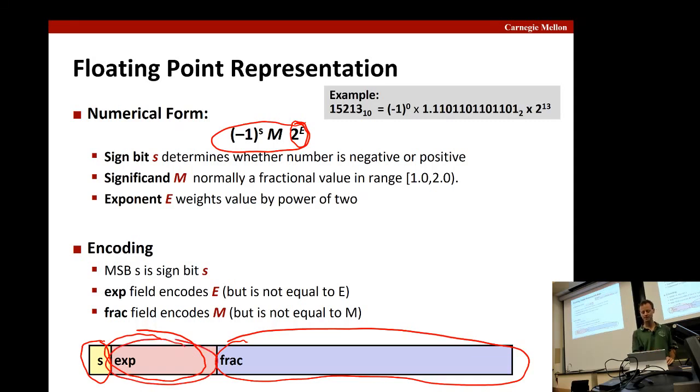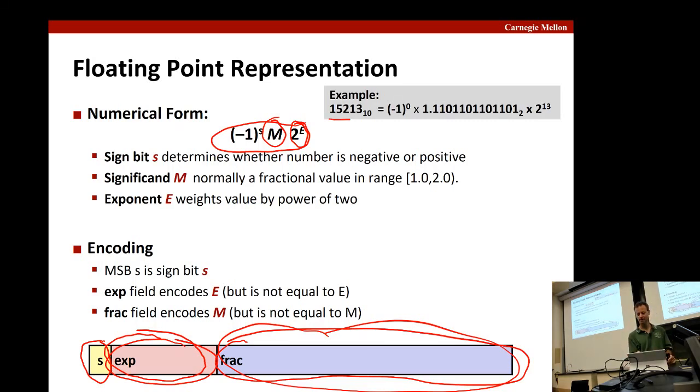Instead it's just some encoding of the exponent, and then there's a way of translating from these bits to what the intended exponent is, and then you can manipulate them accordingly. Similarly, you have this significand M that gets represented with some number of bits in the frac, but it's not going to be exactly the same, and you'll see in a minute how they differ.